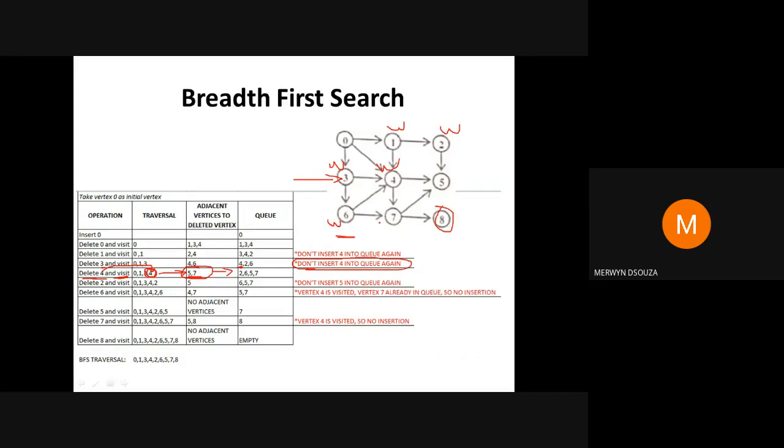Whichever elements you put in the queue, their state will be waiting. So now you're going to have 4 elements in the queue at the end of this step. Then again you will delete the first element, so you're going to delete 2. Once you delete, put this 2 in the answer here and visit.